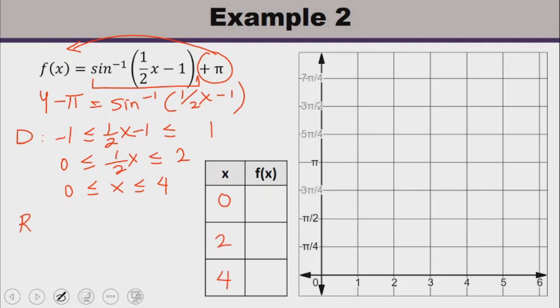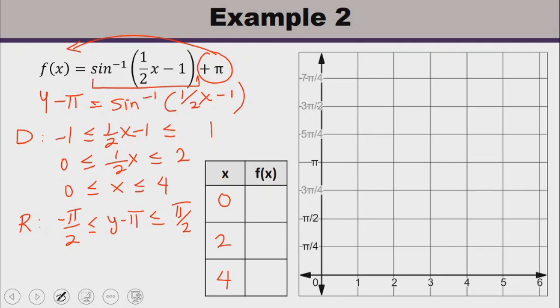So the range goes from -π/2 to π/2. But instead of dealing now with ordinary y, we are dealing with y minus pi. So we want to simplify this inequality too, so that only y is in the middle. So I just have to add pi across the inequality.